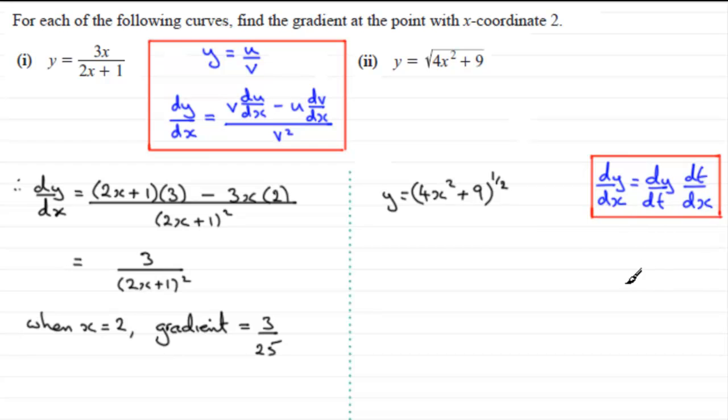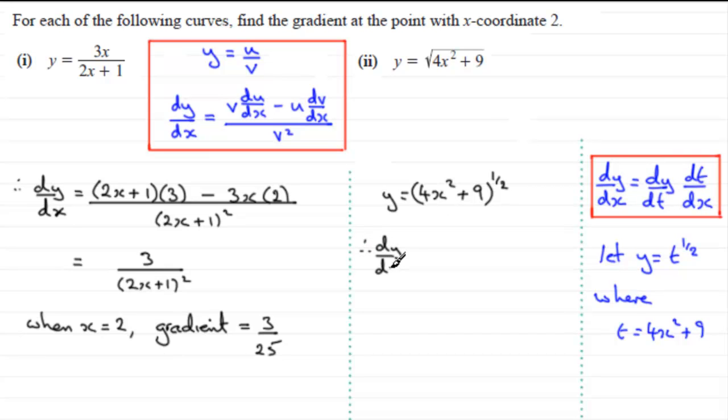So if I let t be 4x squared plus 9, I've got y equals t to the power half. So let y equal t to the power half, where t equals 4x squared plus 9. Using the chain rule, dy by dx equals dy by dt first of all.